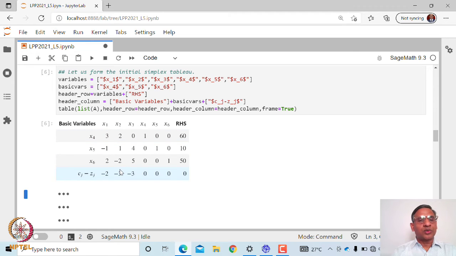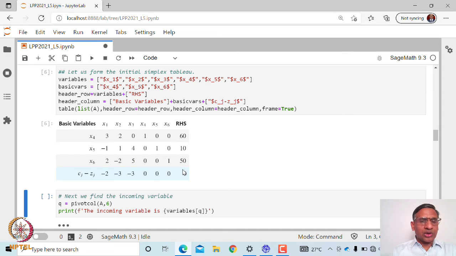That means we need to decide what is going to be the incoming variable and what is going to be the outgoing variable. We already computed that the most negative entry corresponds to x2, and then we look at the ratios: 60 by 2 is 30, 10 by 1 is 10. So this is the smallest. This one we don't have to consider because it corresponds to a negative entry.